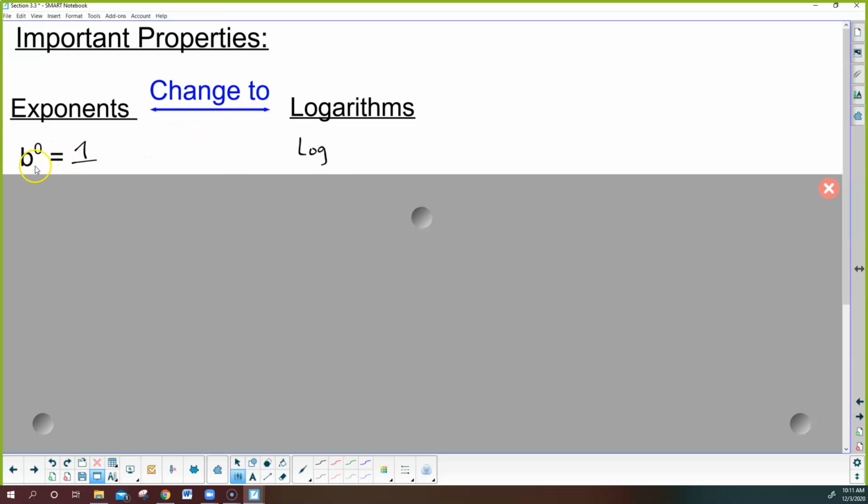Okay. We take the log of the base. So if I have the log of some number b, and we're taking the log of 1, that answer is always equal to 0.